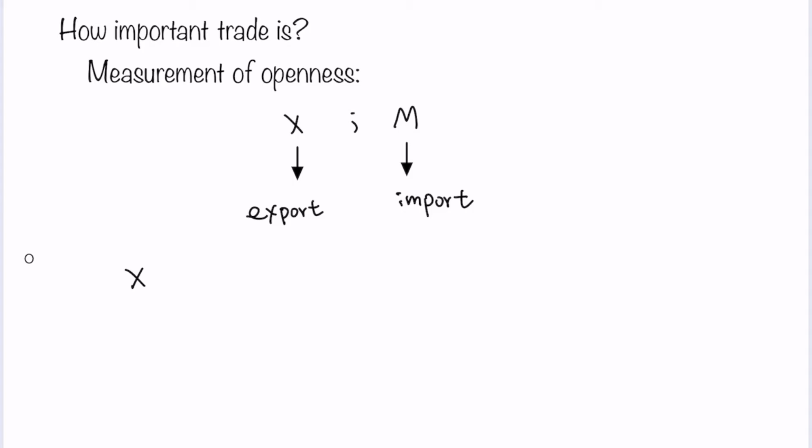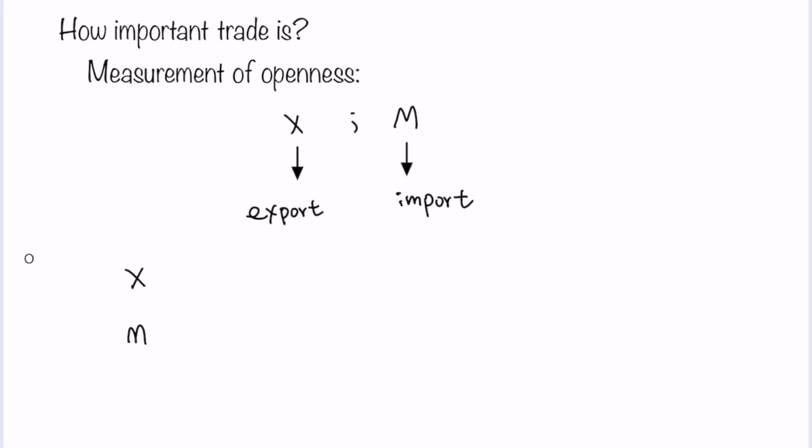In that case, we cannot say that the economy is not at all involved in international economic activities. The same thing happens with imports. It could be that the country imports nothing, but you cannot say that country is not involved in any international economic activities, because the country can possibly export quite a lot. Therefore, simply looking at exports or imports cannot capture the concept of openness.